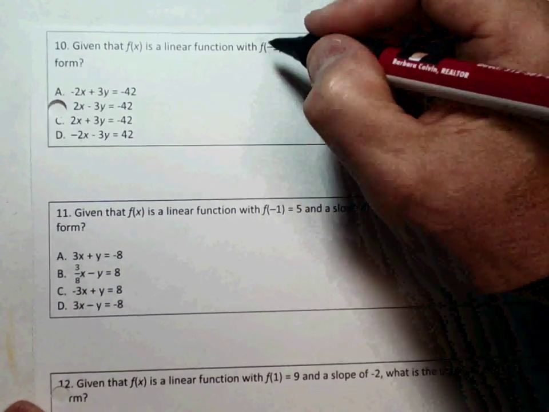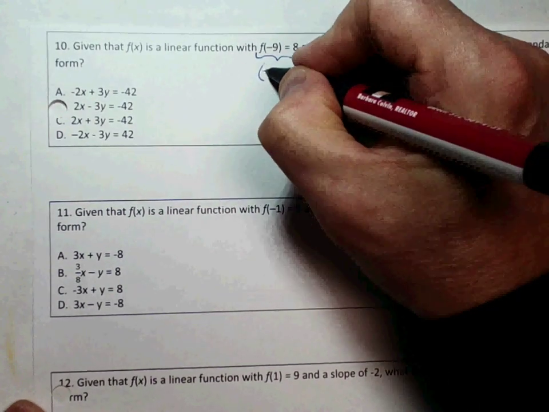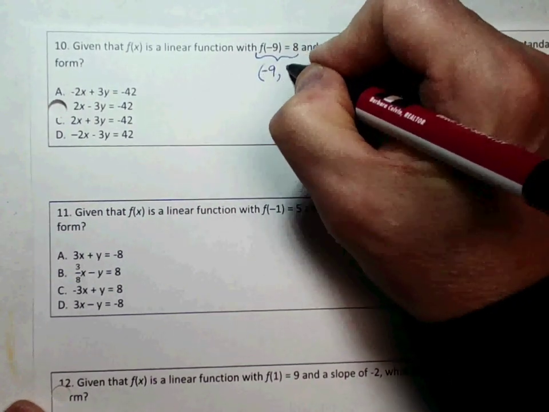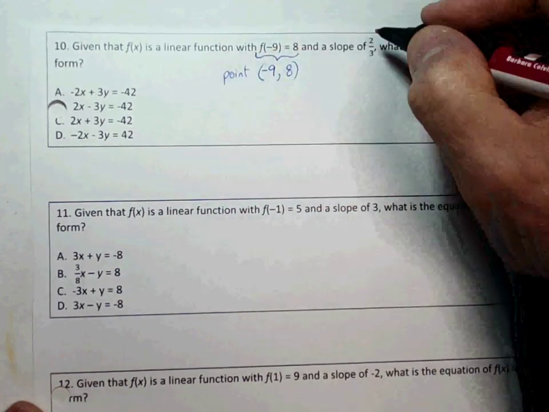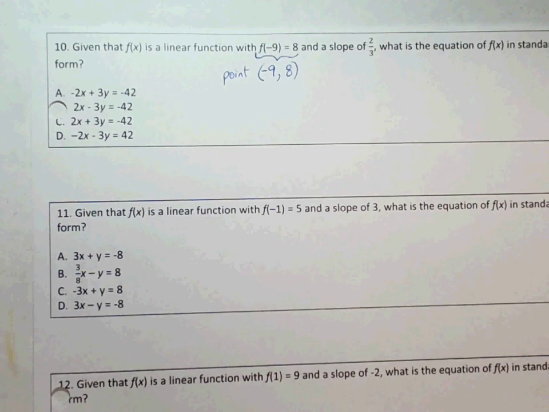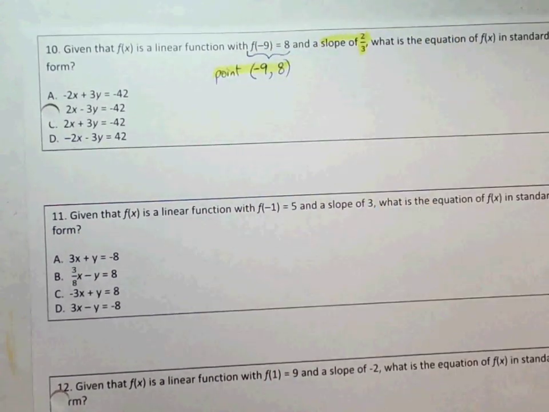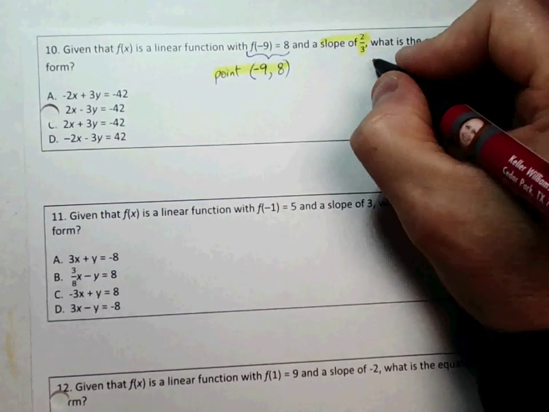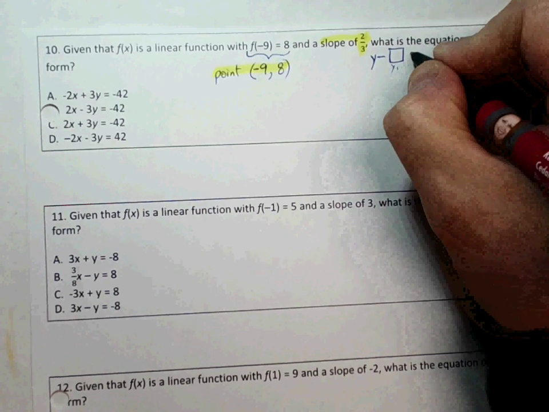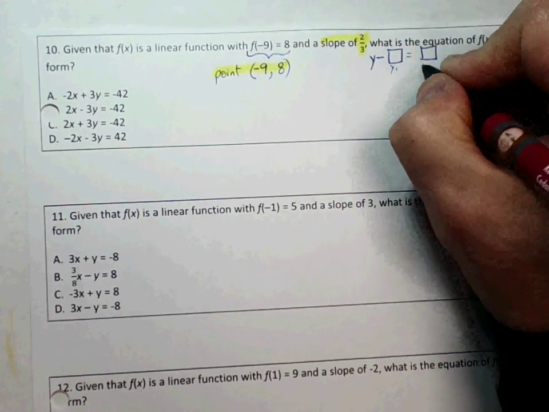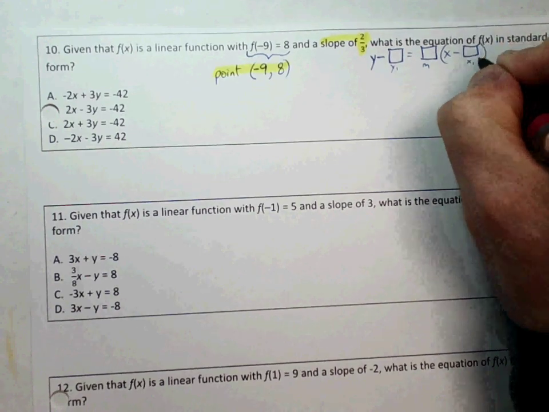Same thing. You have to know that this is the point -9, 8. This is my point. And I have a slope. Point, slope. So we're going to start with our point slope formula. y minus another y is equal to my slope times x minus another x.